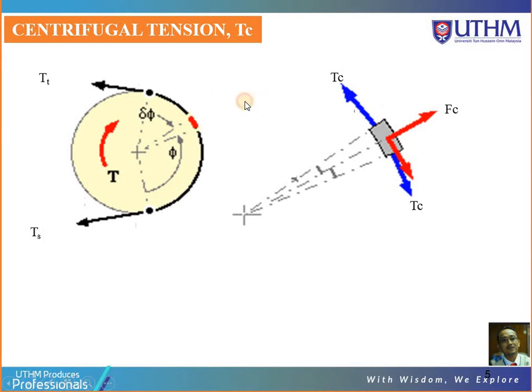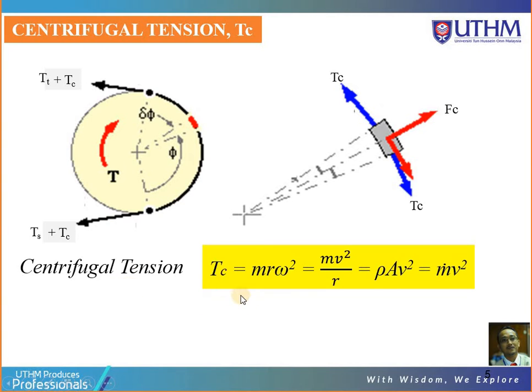So the Tt, the tension of the tight side, has to add the centrifugal tension created by the density or mass of the belt, while the tension of the slack side also needs to add Tc. Meaning that the tension at the tight side will become higher compared to the previous one.